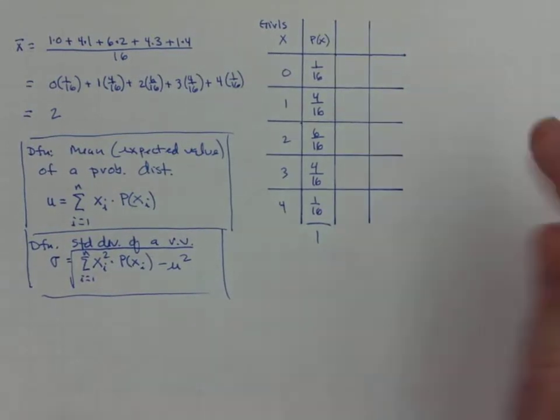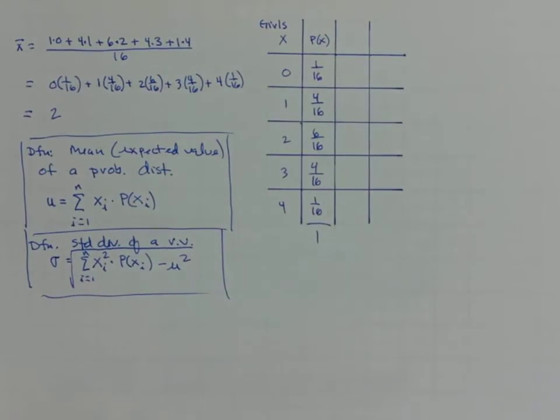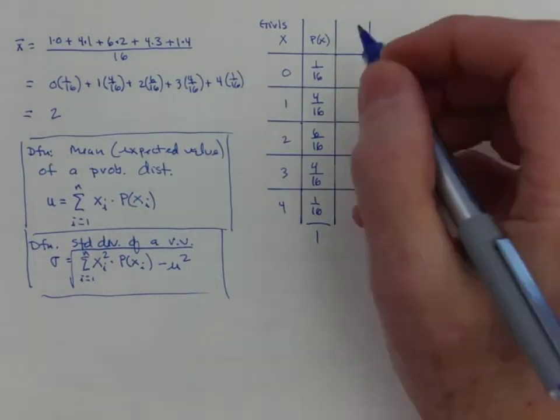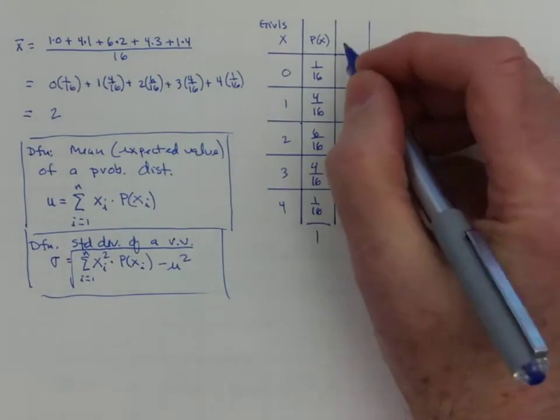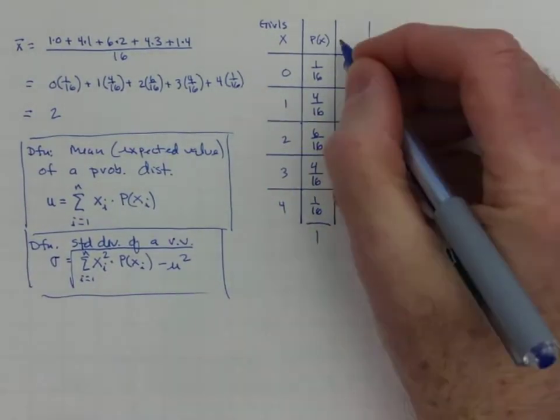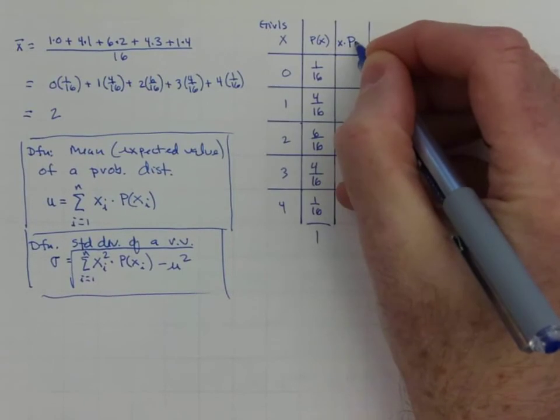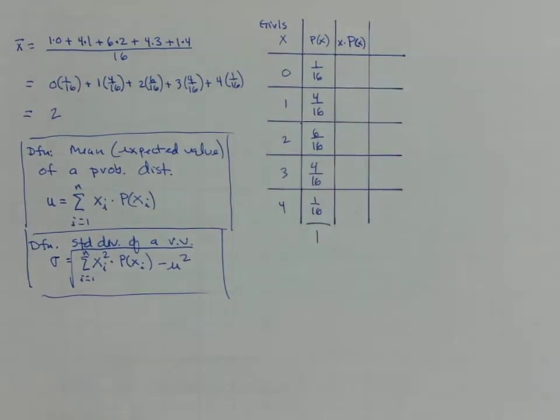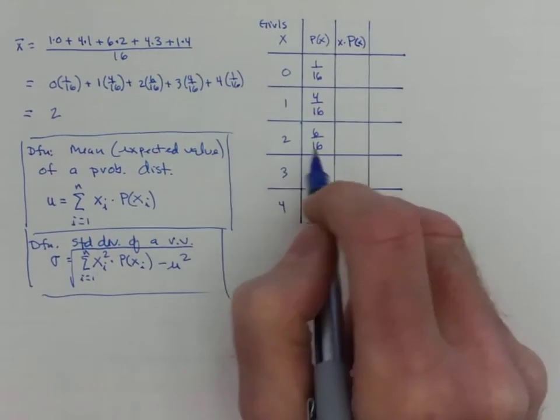If you want to go ahead and look at how you might use a table to figure out the values of the mean and the standard deviation, as long as the numbers are reasonable, it's not so bad. The minute they get unreasonable, you want to start using the list editor in your calculator. But if I want to find the mean, I'll just take each value times its probability. So I just multiply all of these pairs.